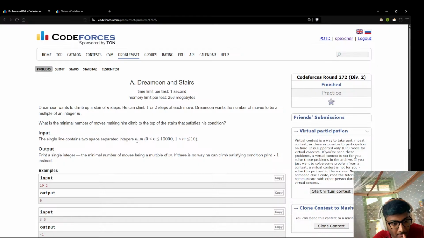Okay, normal DP situation, order of n DP, that will get me the number of ways to reach n steps. But the only extra condition here is that he wants the number of moves to be a multiple of m. So the number of moves can be m, 2m, 3m, 4m, and so on.